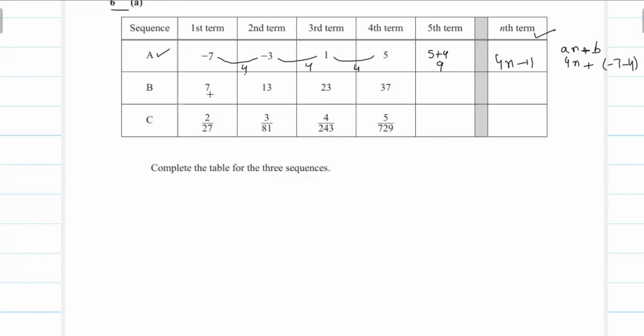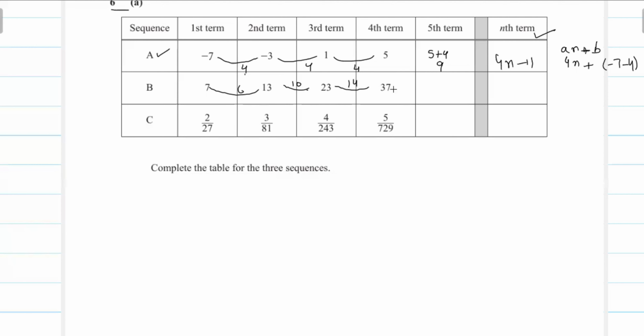Next, sequence B. Firstly, we check the difference. 13 minus 7, you see here the difference is 6. Next difference is 10. And 37 minus 23, the next difference is 14. You see here each difference adds 4.